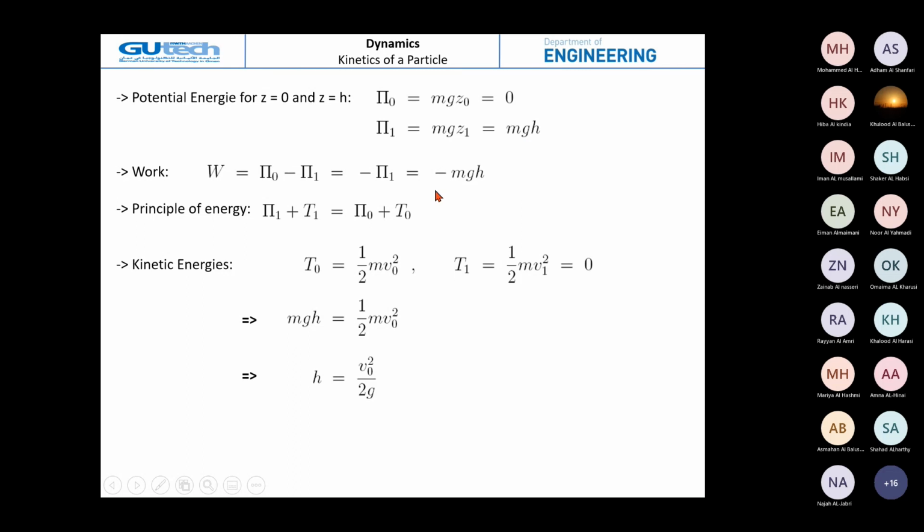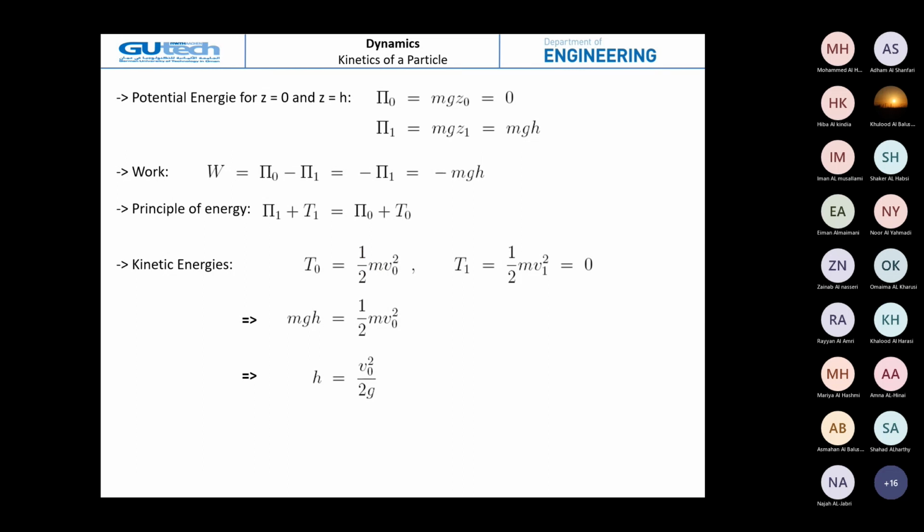Now coming to the principle of energy: the sum of the potential plus the kinetic energy at time t1 will be equal to the sum of the potential and kinetic energy at time t0. Now we have P1 and P0, and we have to define T1 and T0. T0, as we know, the kinetic energy is always half of the mass multiplied by the velocity squared.